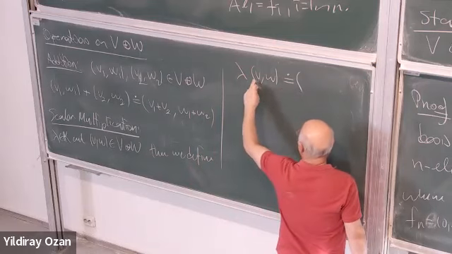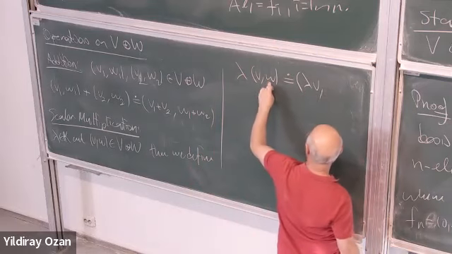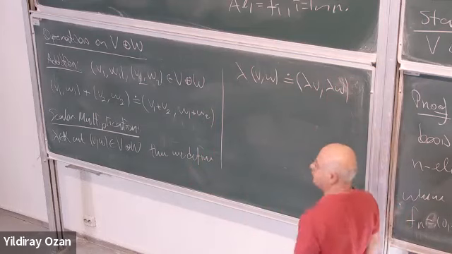I know how to multiply vectors in V by scalars, and I know how to multiply vectors in W by scalars, so I just multiply them.